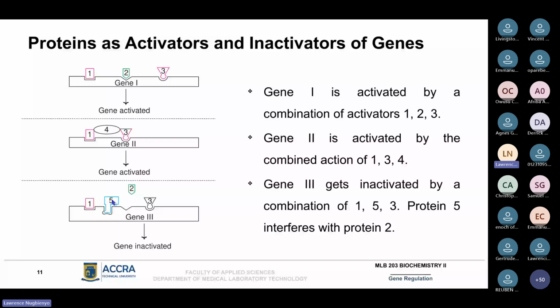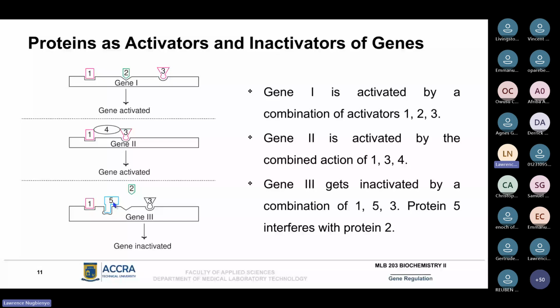That is a form of negative regulation. So the gene gets inactivated when number 5 comes in. You can see that number 5 in this case is acting as a repressor of the gene. It comes in and causes the dissociation of an activator away from the gene that is to be activated.